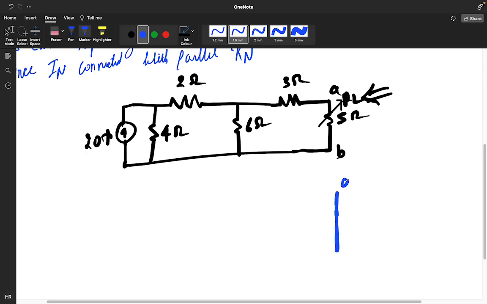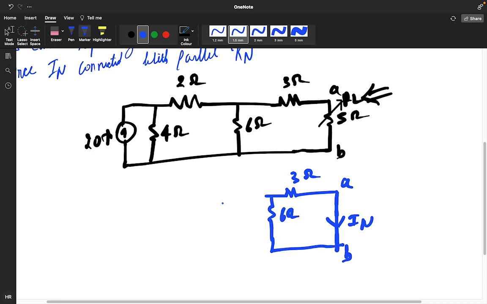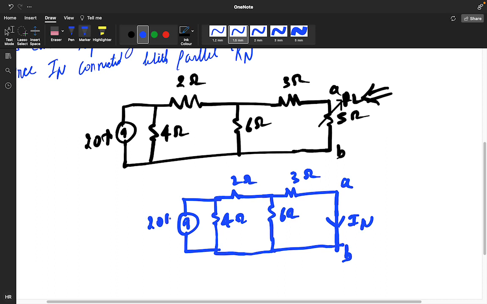We will just merge this A and B because we need to find the IN current, and this load will be shorted, and this is your 3 ohm, this is your 6 ohm, this is your 2 ohm, this is your 4 ohm, and this particular is your 20 ampere.